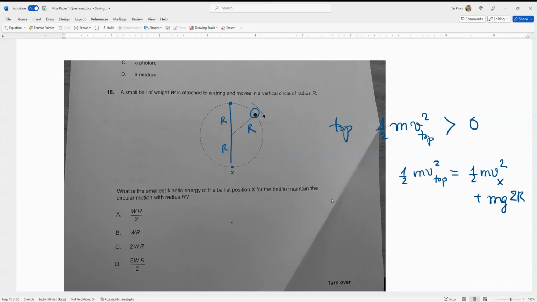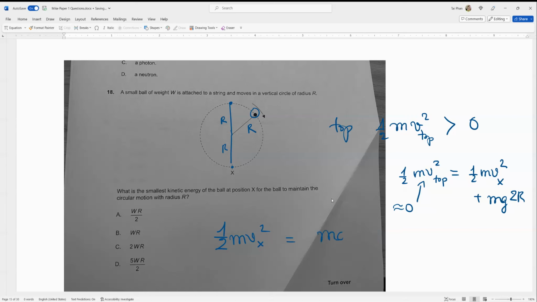So the smallest kinetic energy at position x is when the energy at the top is almost zero, and therefore the kinetic energy at the bottom is 1/2 m vx squared equal to zero minus mg2r. Of course, the kinetic energy cannot be negative, so just ignore the negative sign.